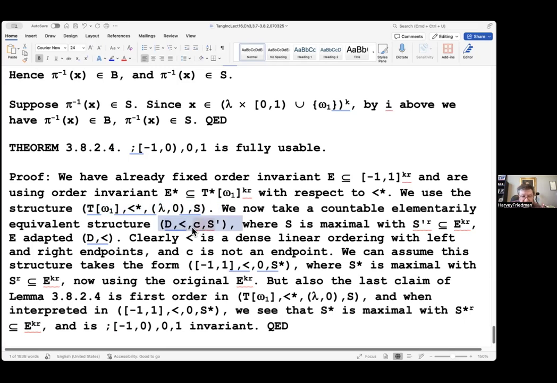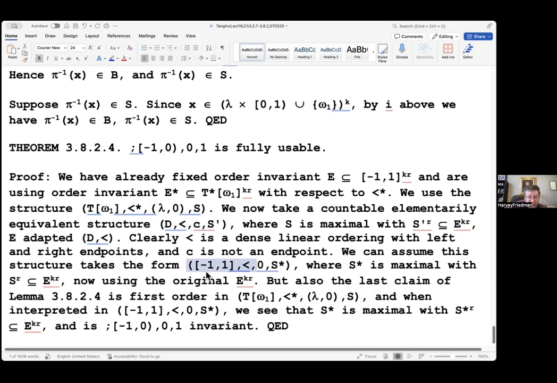And you'll have some intermediate point C. And you have a different S prime, right? And now, since this is a dense linear ordering with endpoints, it looks like this.